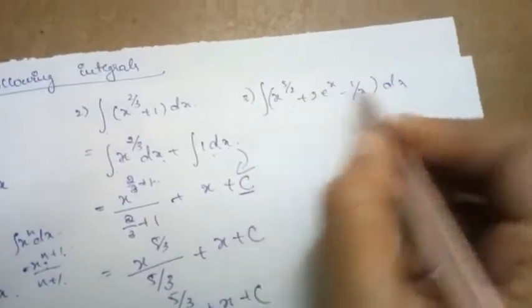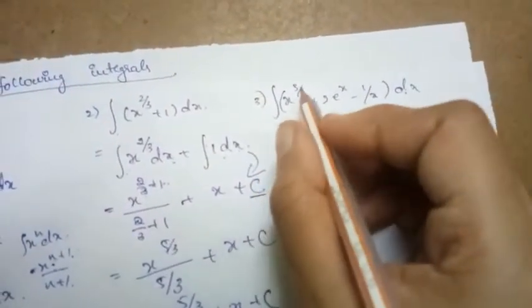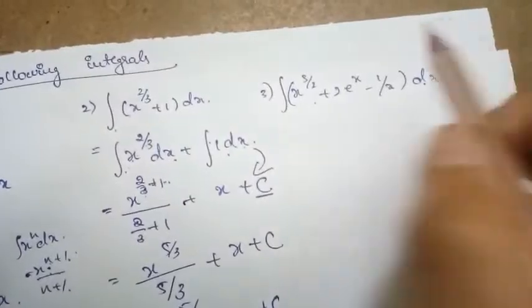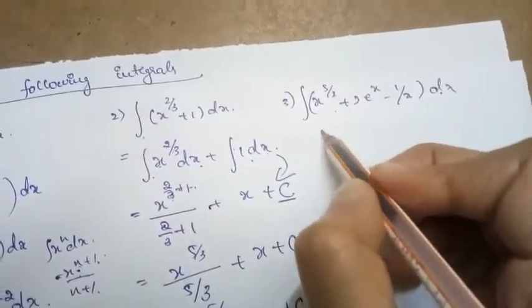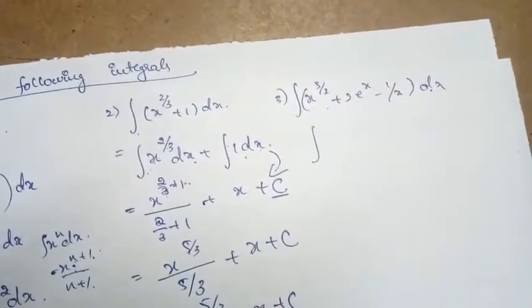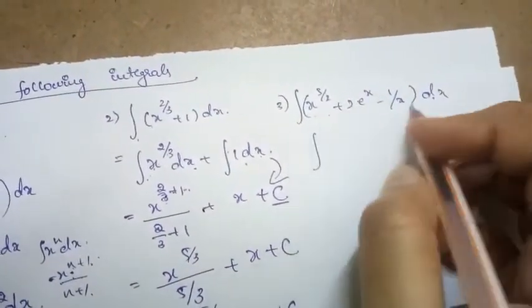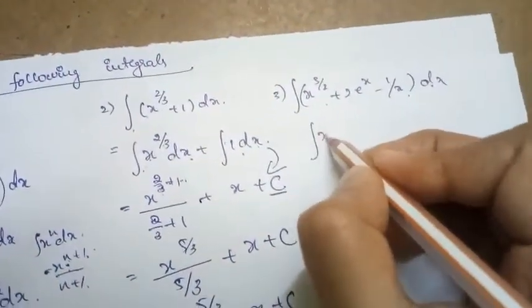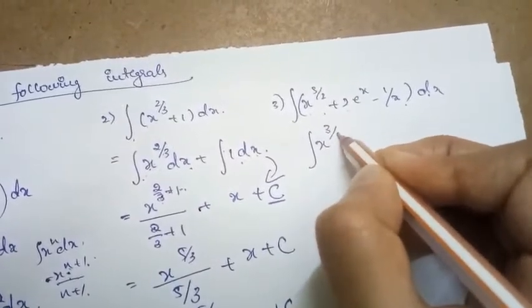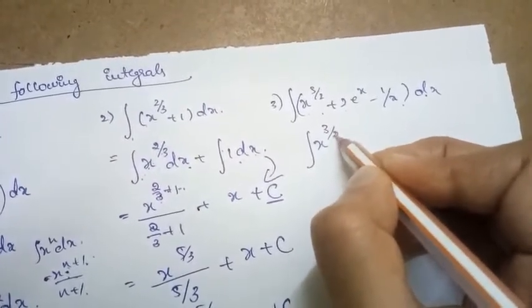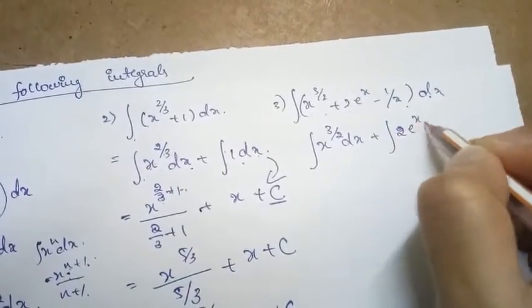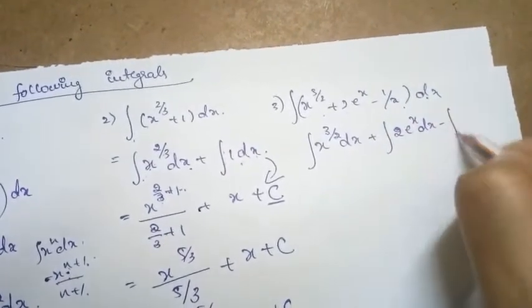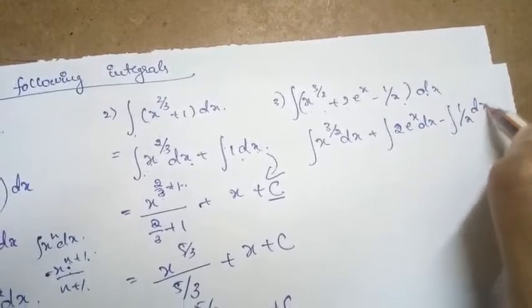The next thing is integration of x to the power 3 by 2 plus 2 e to the power x minus 1 by x. Again with the third property, the integration is split to each of the functions. So integration of x to the power 3 by 2 dx plus integration of 2 e to the power x dx minus integration of 1 by x dx.